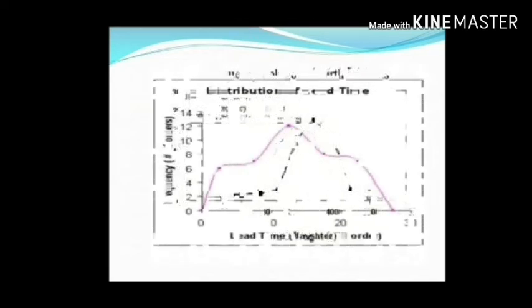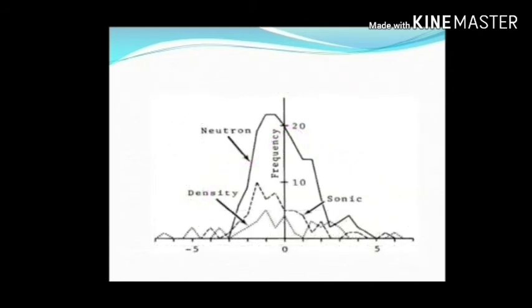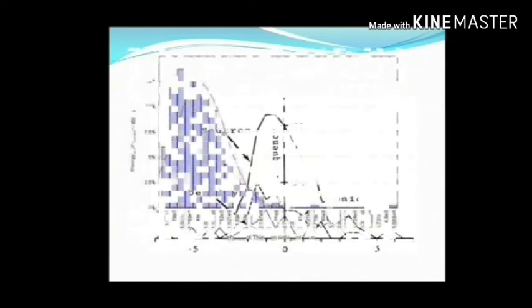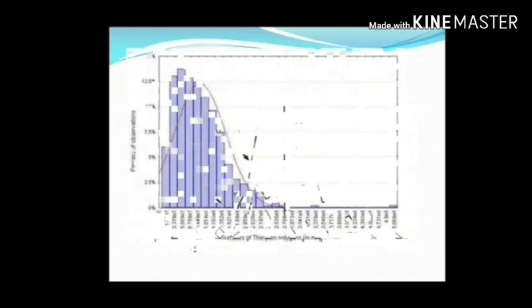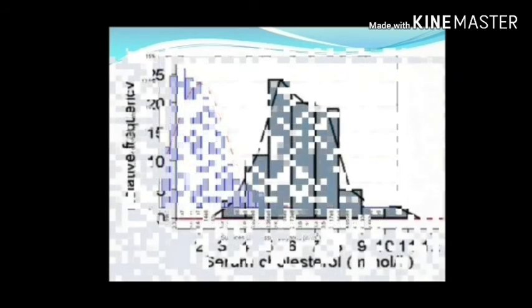Distance and elevation, that graph is shown over here. Birth weights, here three different quantities are compared. Density, neutron, sonic.